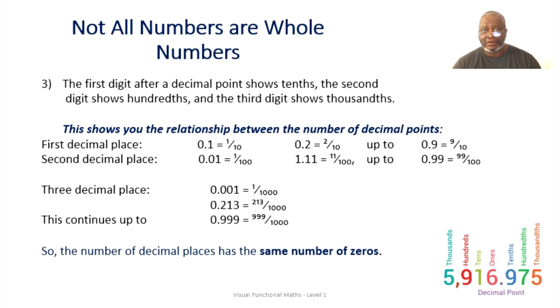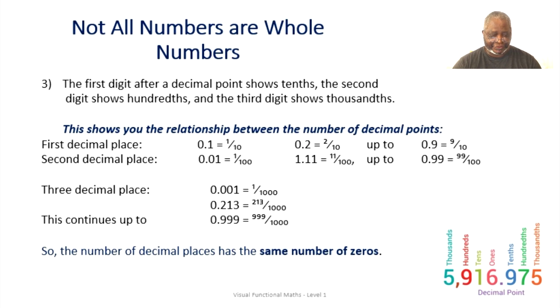Then the second digit is in between each of the spaces between the first decimal place. And that is over 100. Example, you have 1/100th, 11/100th, 99/100th, and so on.